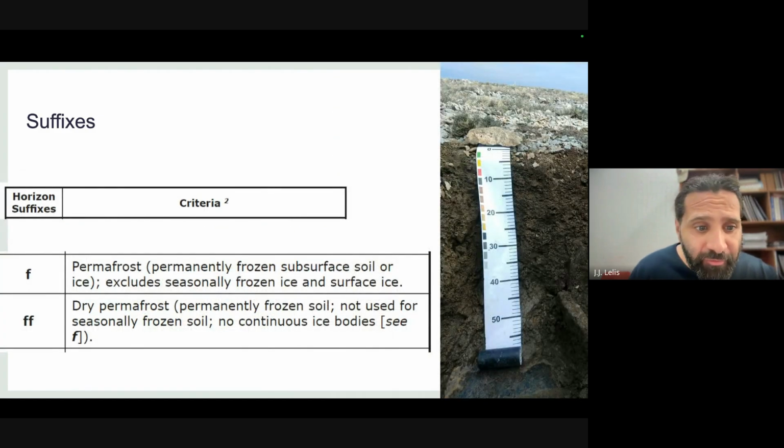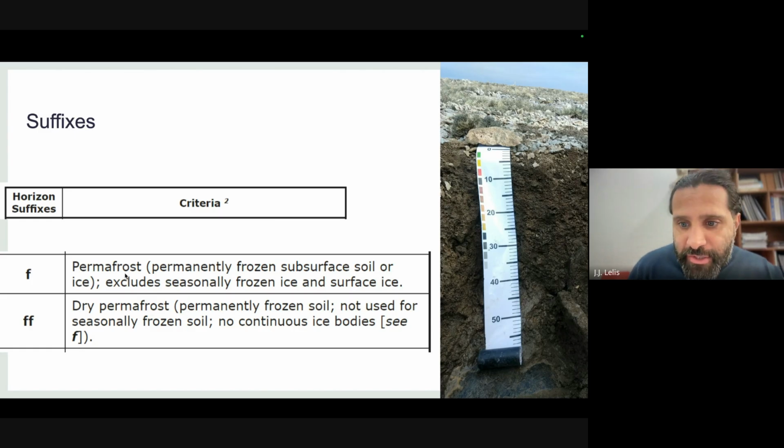We also have some letters that express thermal conditions, especially for permafrost, that we know is related to very low temperatures. Okay, we already saw that we have a specific layer related to water content, and we have the water that's frozen, that's the W F, and the F is used because of the presence of permafrost.